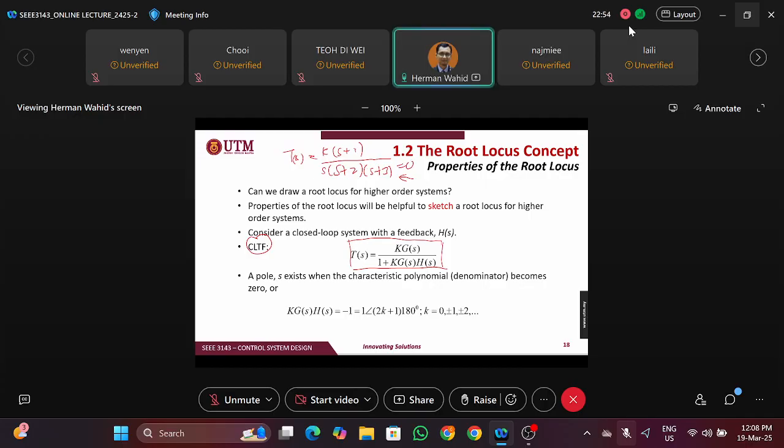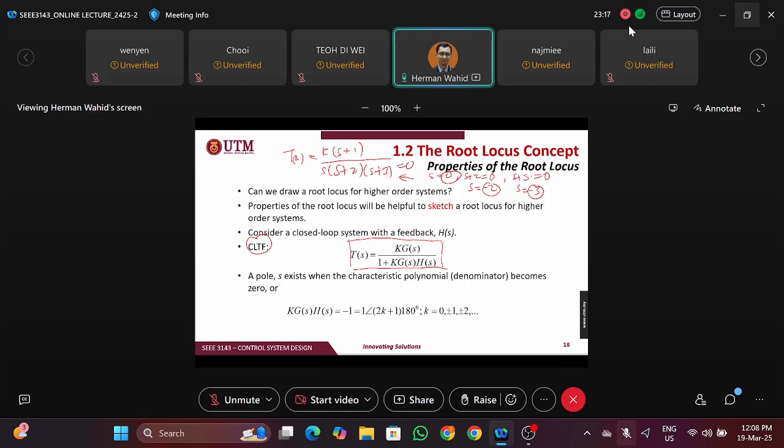So s is equal to 0, s plus 2 is equal to 0, and s plus 3 is equal to 0. From here we get s is equal to -2, s is equal to -3. So all these are the closed loop poles.